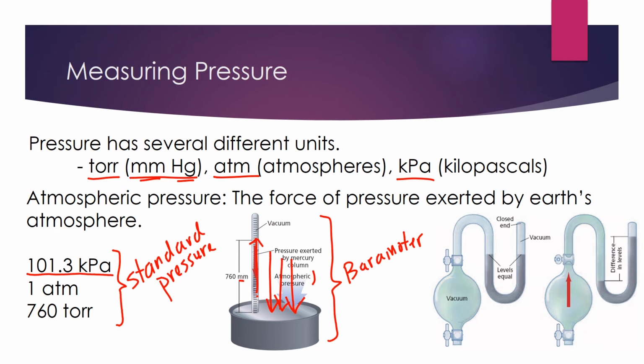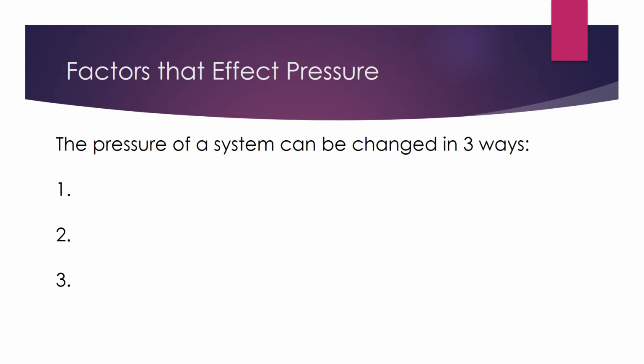It will also be 1 atmosphere, which makes sense because we have 1 atmosphere over top of us, or 760 torr. And if you look at our barometer here, you see that it is measuring 760 millimeters of mercury. So this barometer in our illustration is measuring atmospheric pressure. If you're in class, we'll do a cool little demonstration concerning atmospheric pressure.